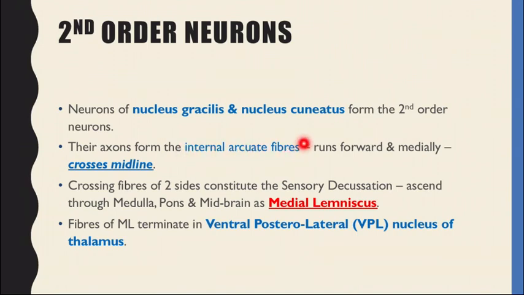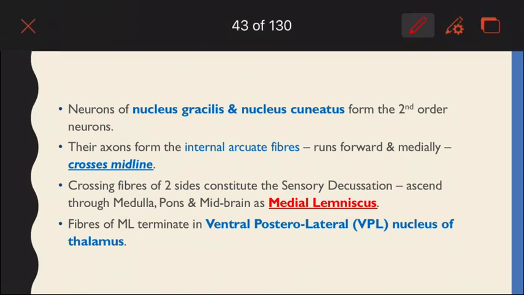and their axons have been given the name internal arcuate fibers. These internal arcuate fibers are nothing but the second order neurons which cross over to the opposite side, and after crossing over they constitute the sensory decussation. What is sensory decussation? Say if we draw the diagram, this is the medulla.